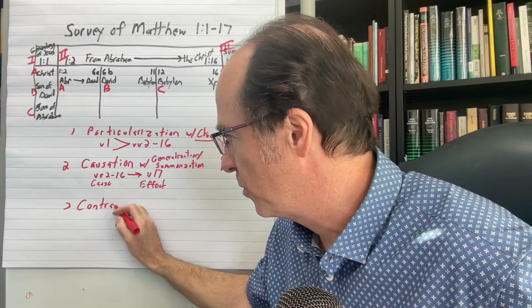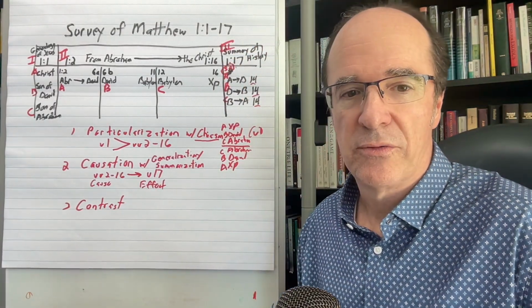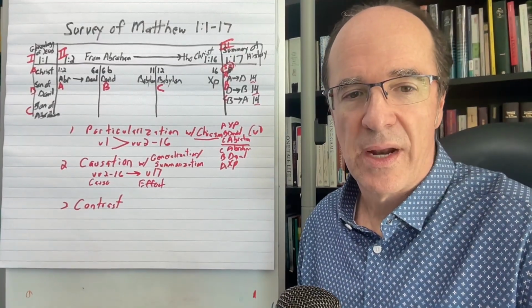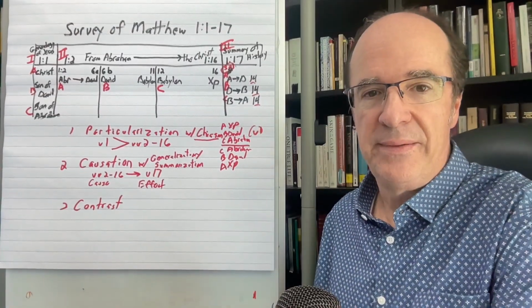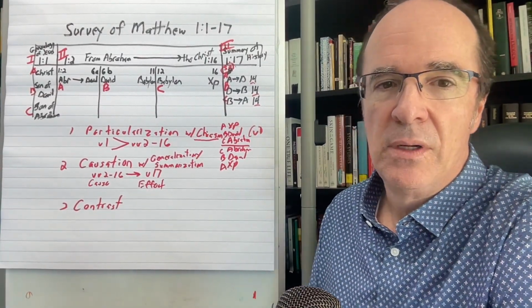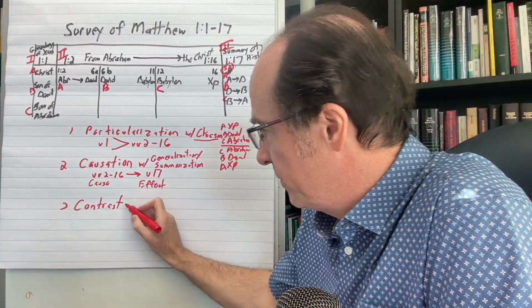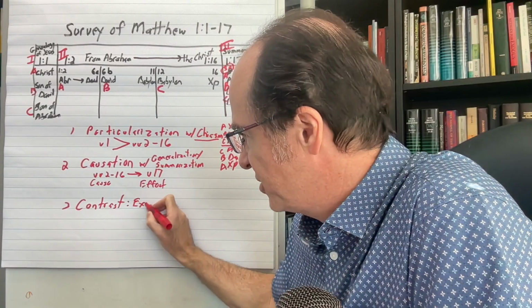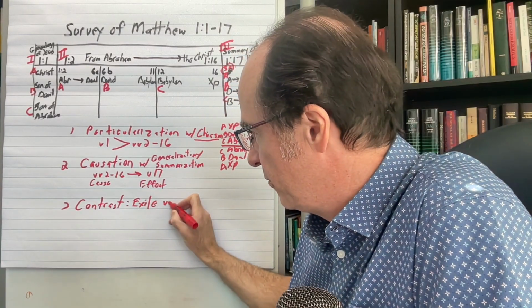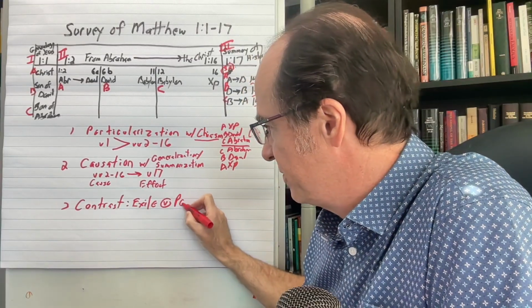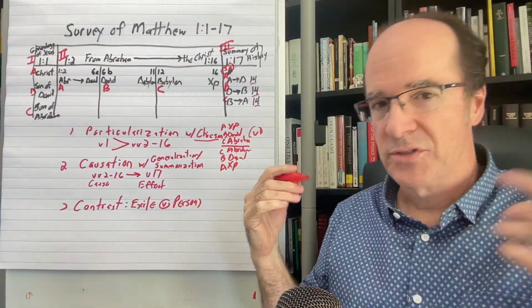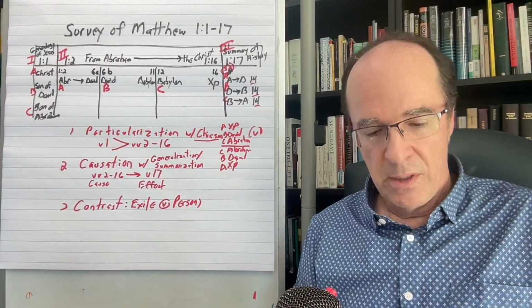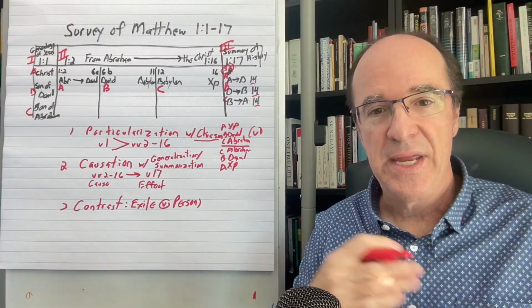These could all be separate structures, but the first contrast that I want to point out here would be a structure between the mention of exile versus persons. Because that's one of the things that stands out. Obviously, this is a genealogy about people. So you have this repetition of all the people that are born.